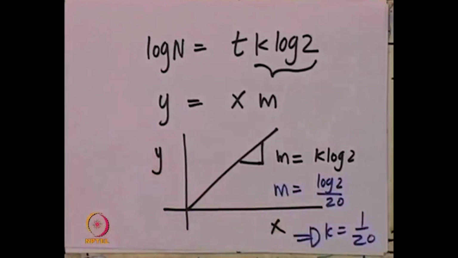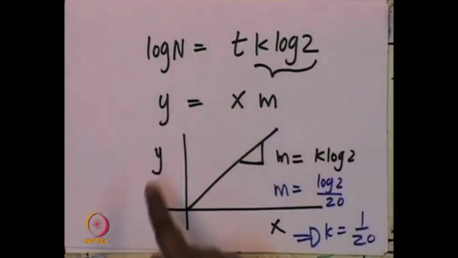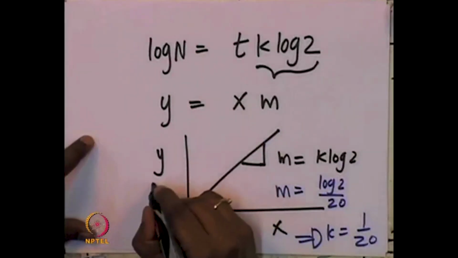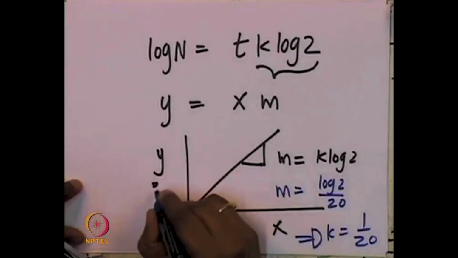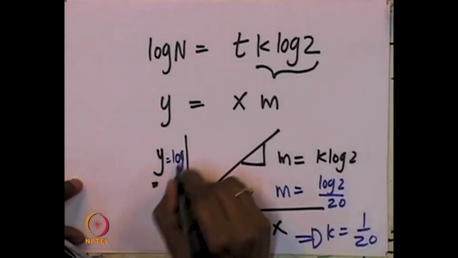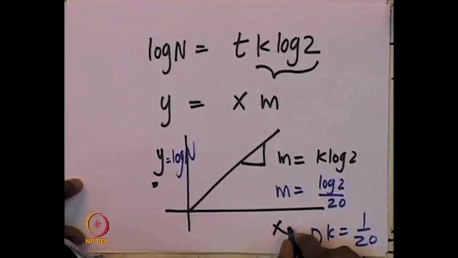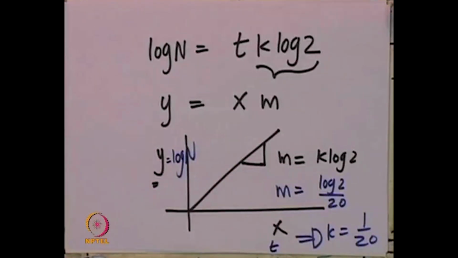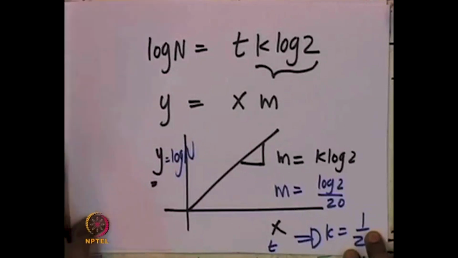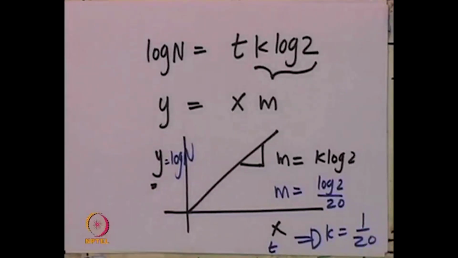So, just by plotting log n, y is basically log n, and x is time. So, basically we plotted log n versus time, the log of the quantity, and we got the slope by just calculating the slope of a straight line.